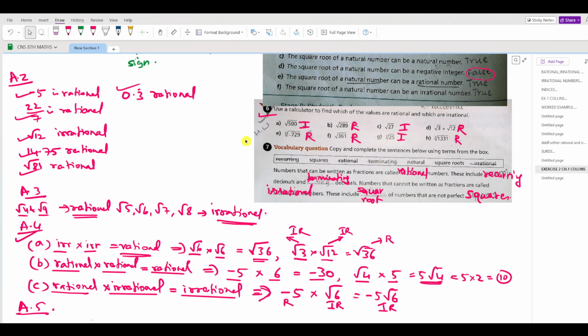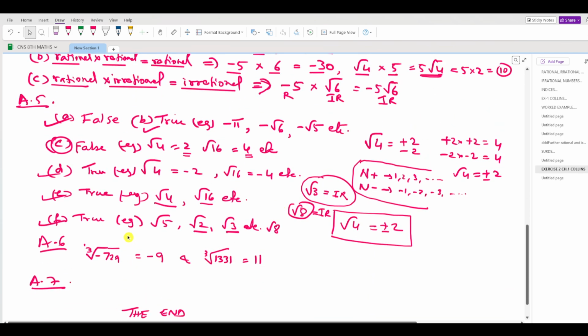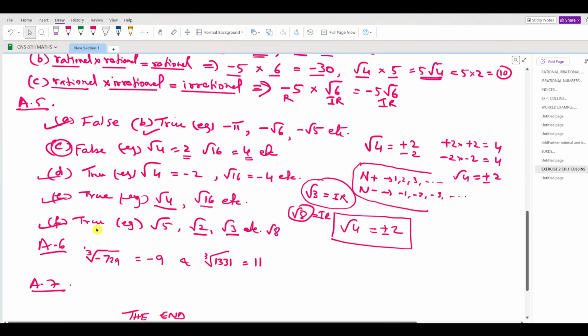So, root of 500 on my calculator. This is answer 6, okay? This one we are doing, right? Answer 6.